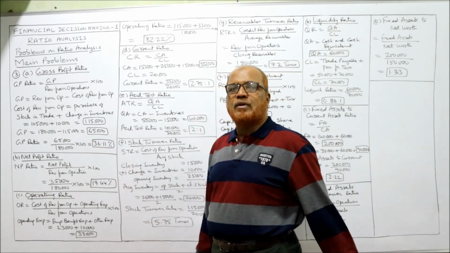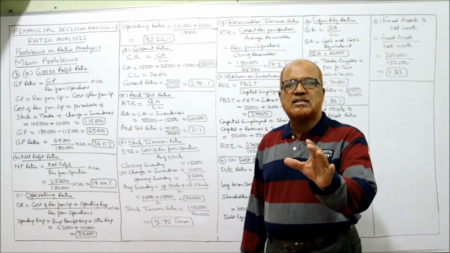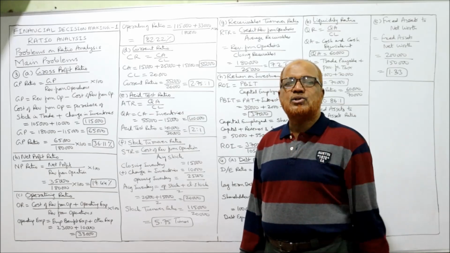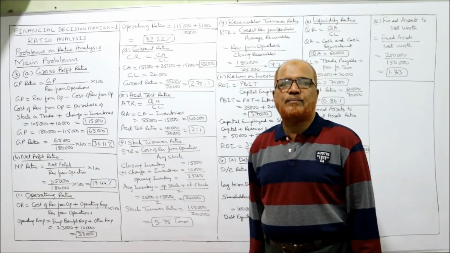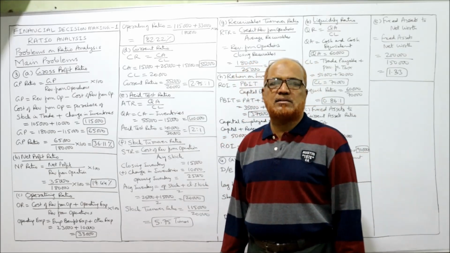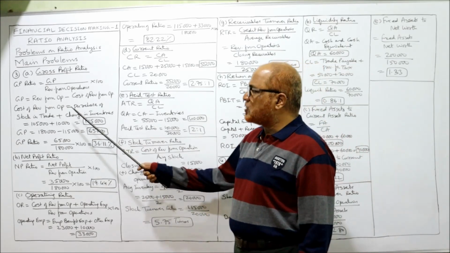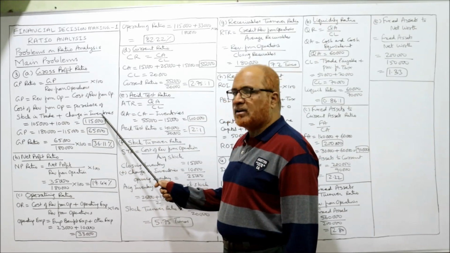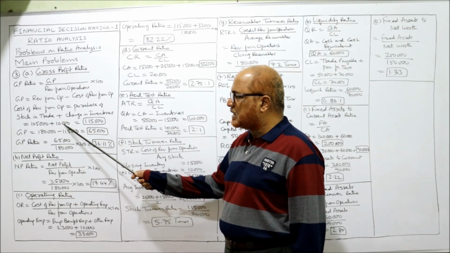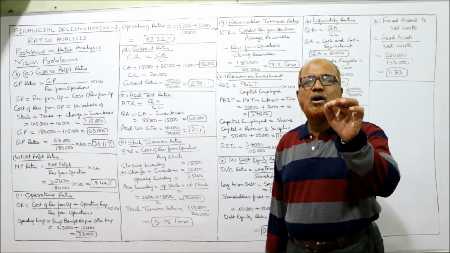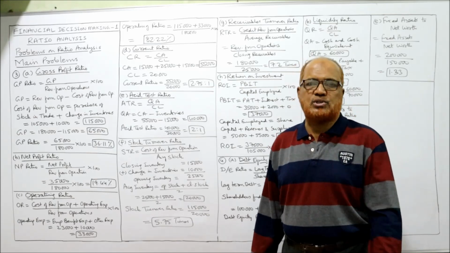So cost of revenue from operation, this we can get by using purchase of stock in trade and change in inventories. Change in inventories we have positive 10,000. So purchase of stock in trade plus change in inventories: 1,05,000 plus 10,000, 1,15,000 is the cost of revenue from operations.